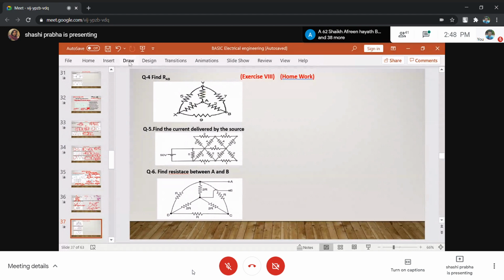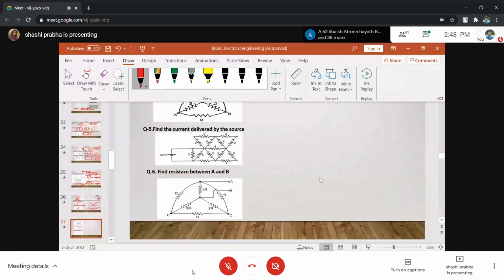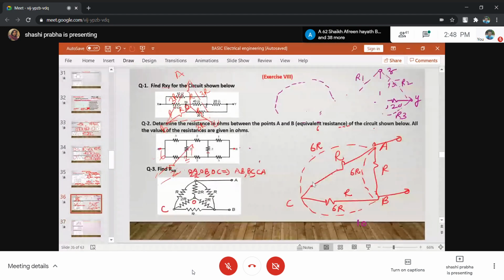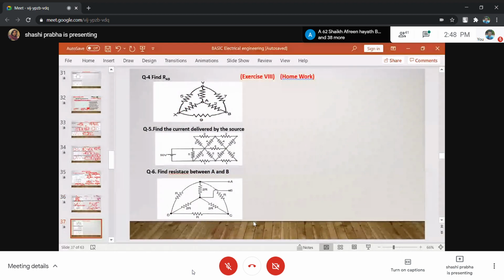What is to be calculated? See, फाइंड द रेजिस्टेंस बिटवीन ए एंड बी, ये यहाँ पे निकालना है. सो यू कैन नॉट टच दिस, ए एंड बी हमको मेंटेन करके रखना है, इसको नहीं टच करेंगे.